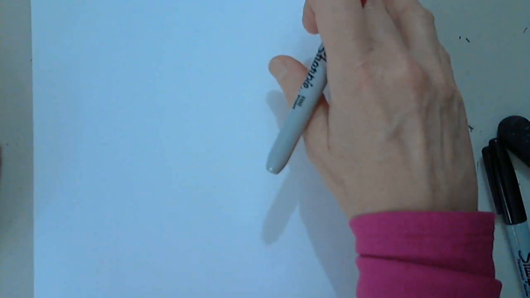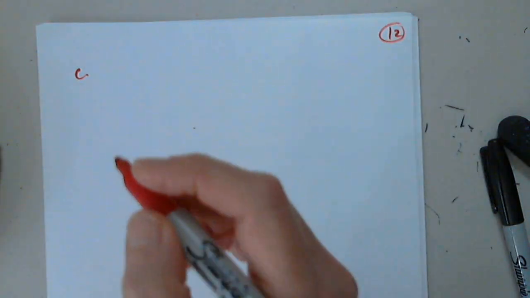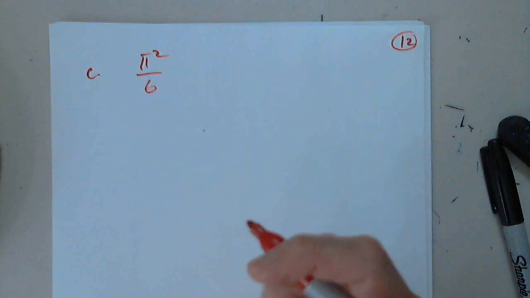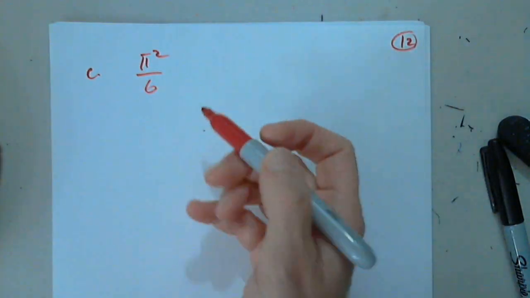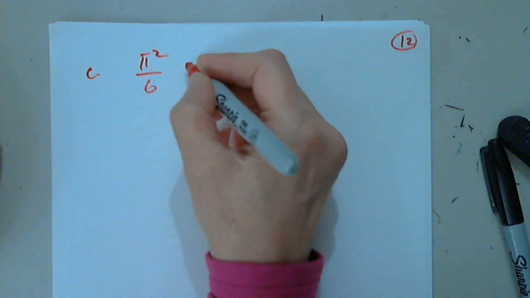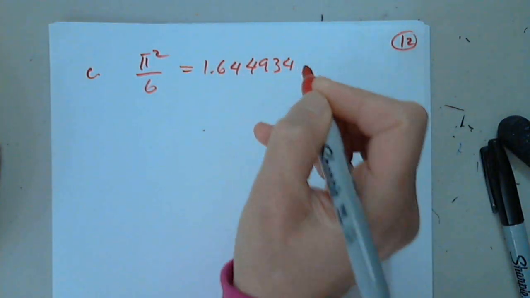In part C, so this is my page 12, they want us to compare pi squared over 6 from a previous problem, which we don't have to do anything with, the number is given to us, and which I approximated to be 1.644934.